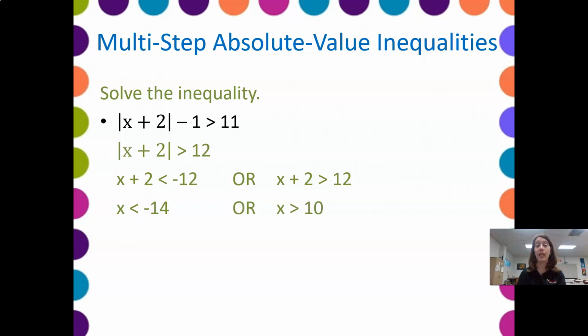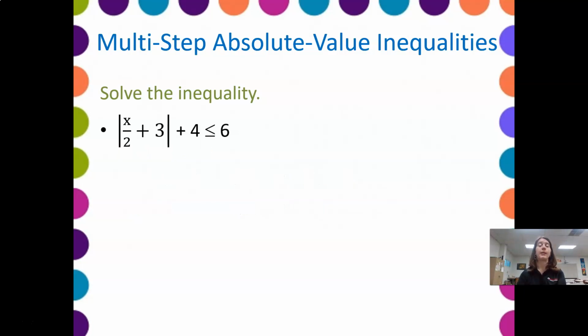So I have x is less than negative 14. Or what's my second possibility? If I subtract 2, 12 minus 2 is 10, and I'm going to keep my greater than option. So x is greater than 10. Again, I can't combine these together because I can't be to the right of 10 and also to the left of negative 14 at the same time. So we do need to split these up just like we've done on the screen so far.